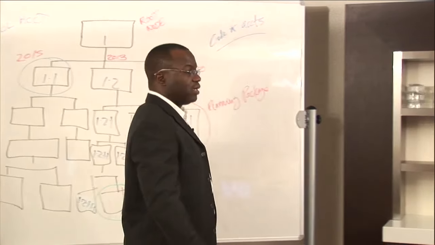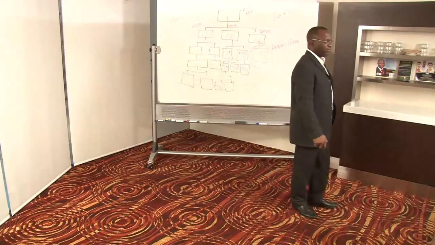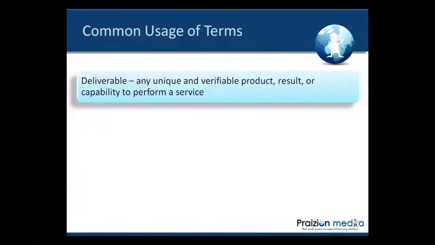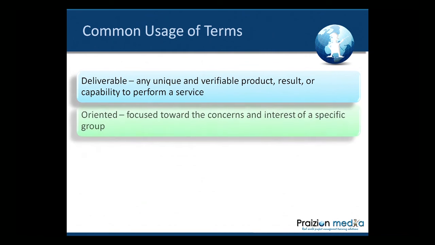All right? Still on the usage of terms, we talk about the WBS being a deliverable-oriented hierarchical decomposition. By deliverable, we're talking about a product, service, or result that meets a need, or performing a service or something like that. The word oriented means focused towards the concern and interest of a specific group.